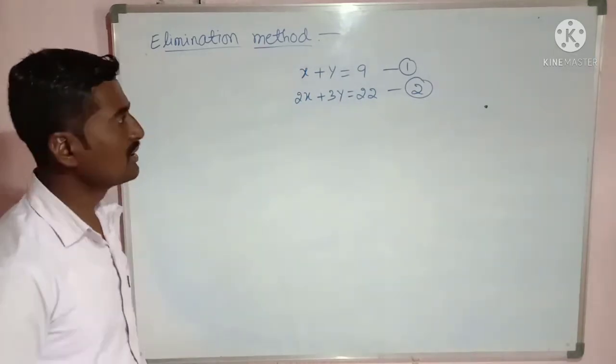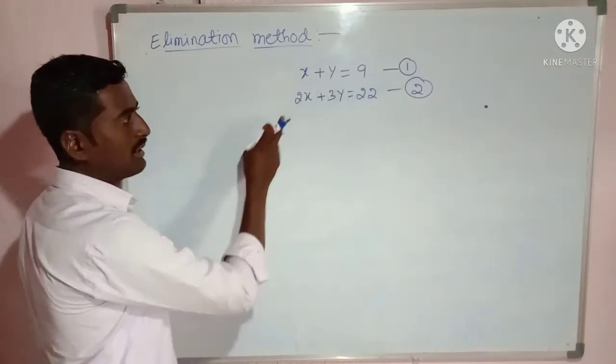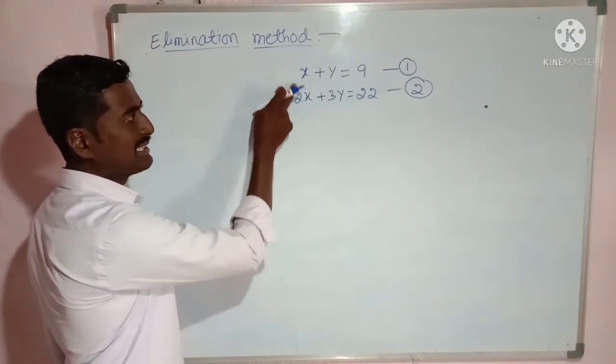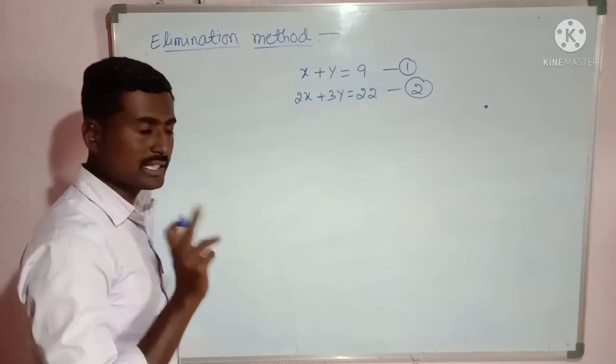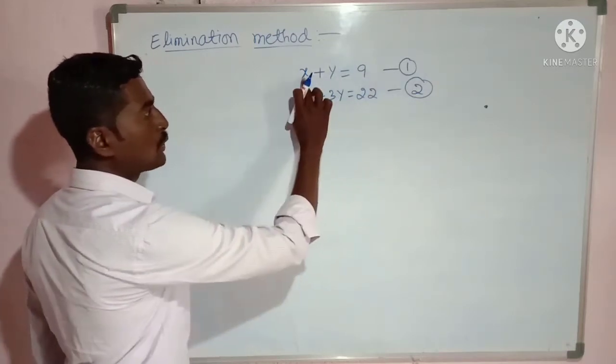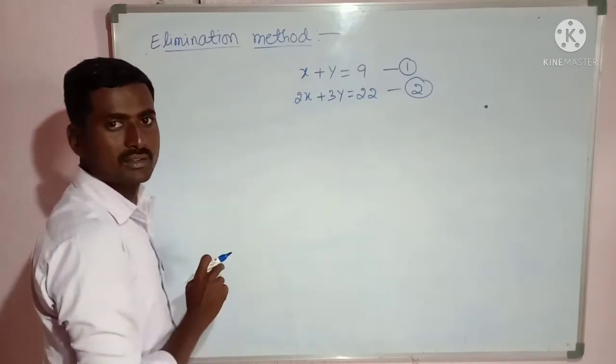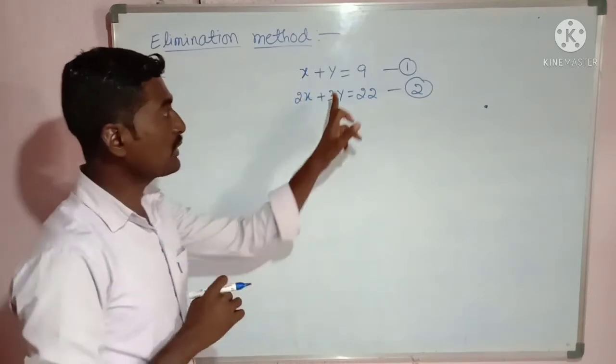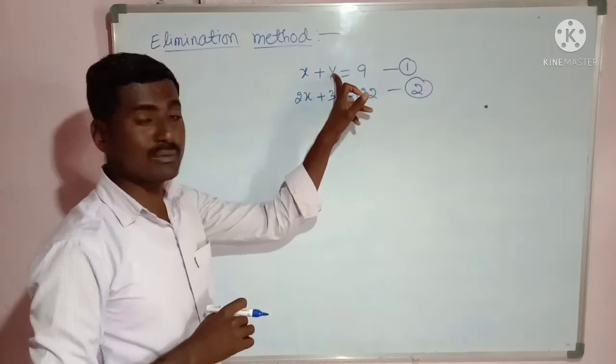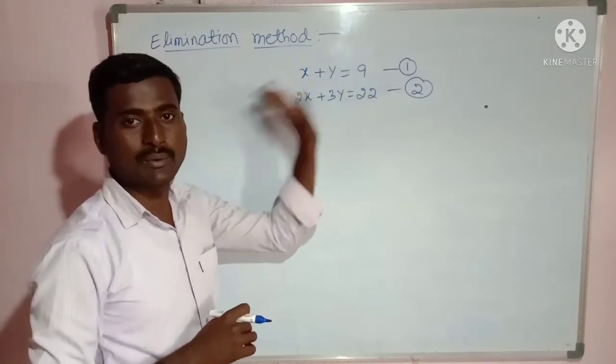Just you see. So here I want to make the coefficient of x in these two equations the same. For that I will multiply 2 to this equation. Then this will become 2x, 2x. Otherwise, you can multiply 3 to this equation also. Again you will get 3y, 3y.